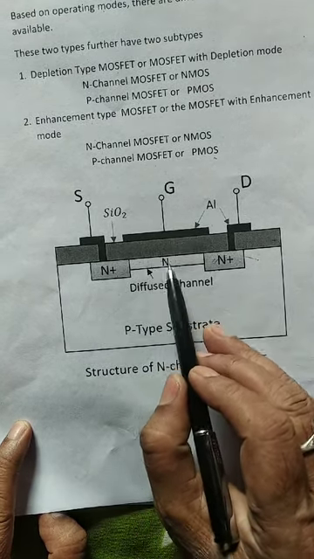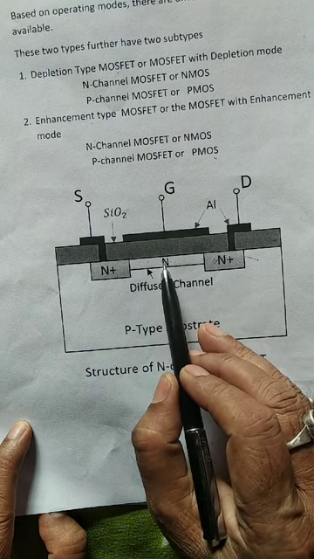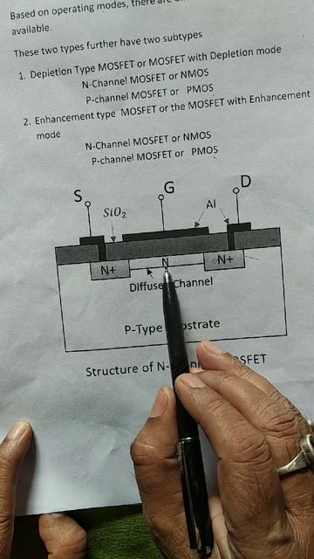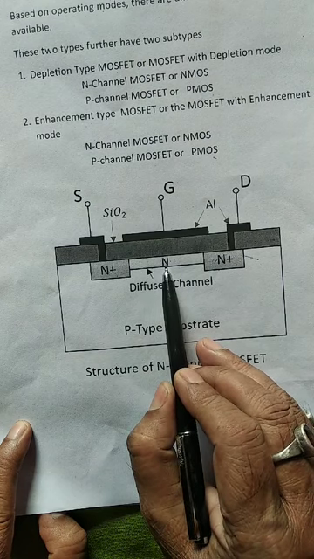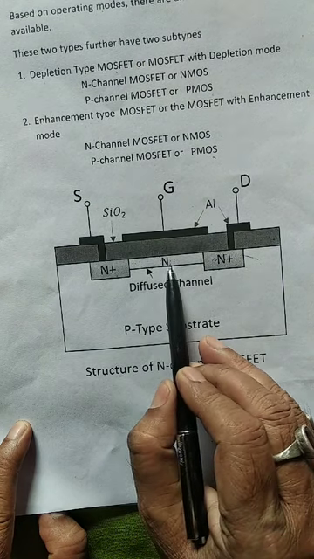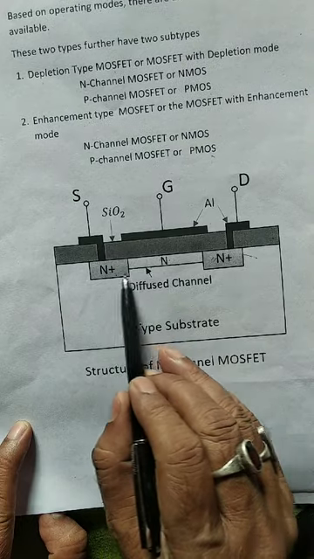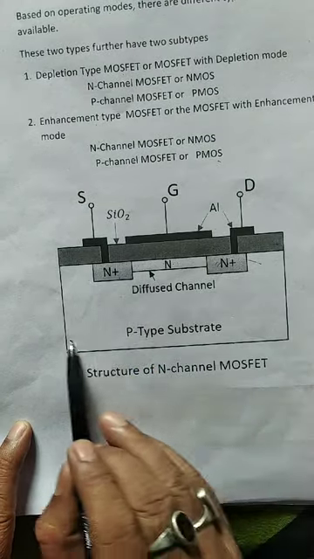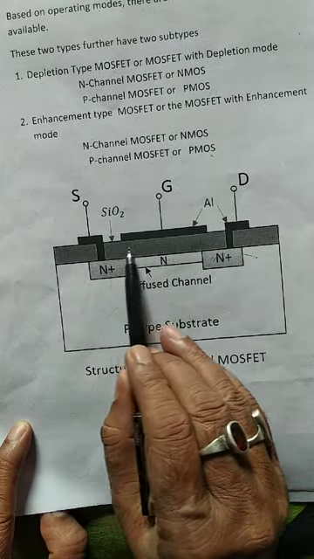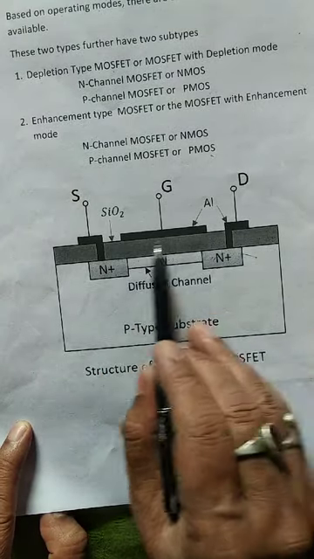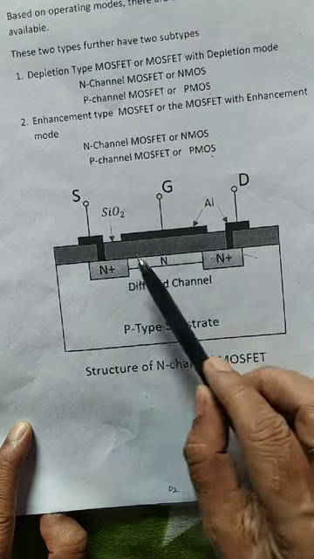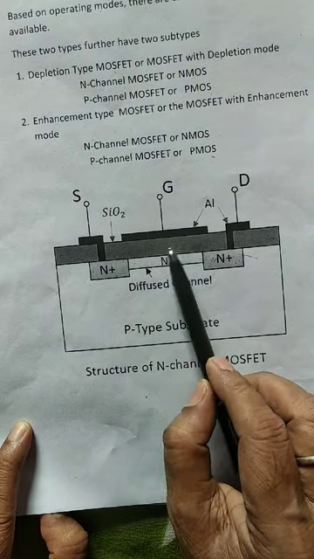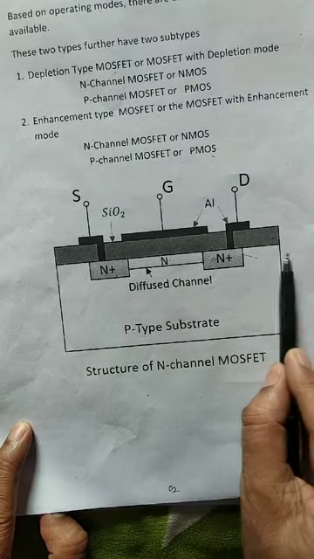Actually, the name of the MOSFET depends upon the channel, whether it is N type or P type. Here you can see it is N, so it is N channel MOSFET. This is a lightly doped P type substrate, and above this is a layer of silicon oxide which is grown over the P type substrate.